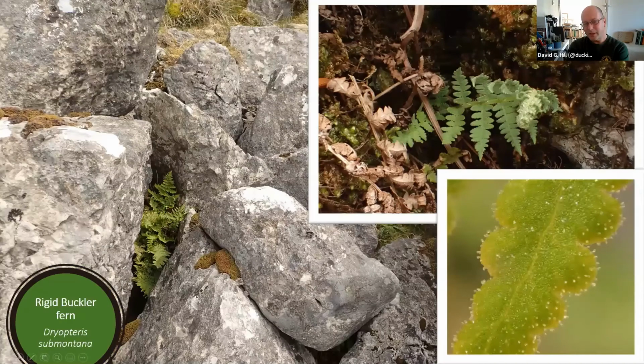This is the rigid buckler fern, Dryopteris submontana, and it's basically only found there and in the Brecon Beacons in Wales, and as with most ferns that occur on limestone habitats, it has these distinct glands. So there's a glandular look under a hand lens.